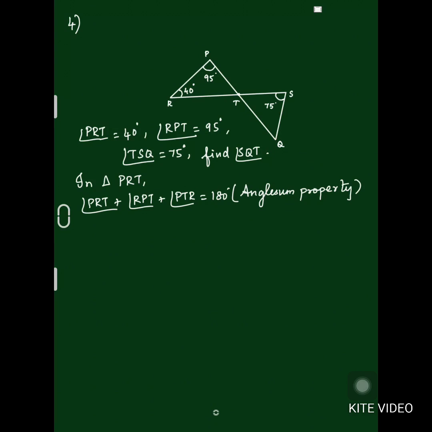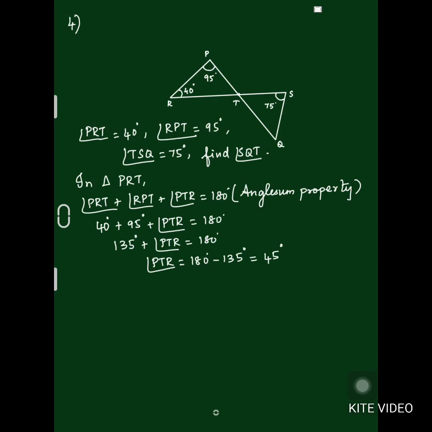We know angle PRT is 40 degree plus RPT is 95 degree, both given, and we have to find PTR. So it is 135 plus PTR is equal to 180 degree. From this, angle PTR is equal to 180, and 135 goes to that side and becomes minus 135. So you get 45 degrees. So angle PTR is equal to 45 degree.